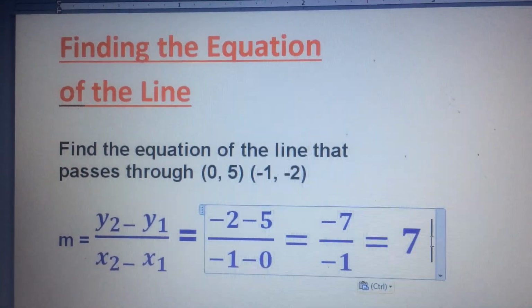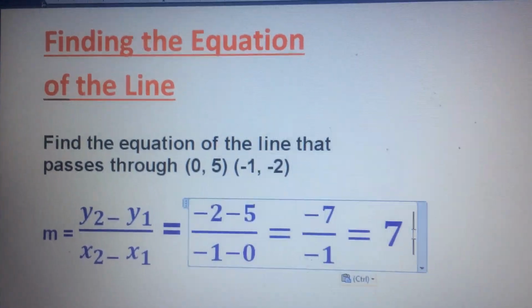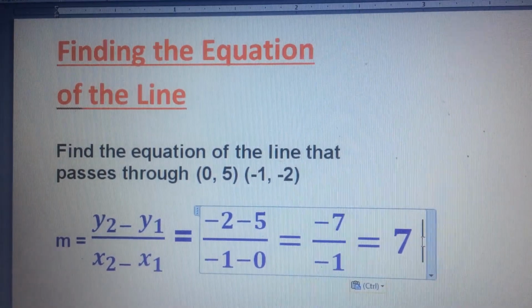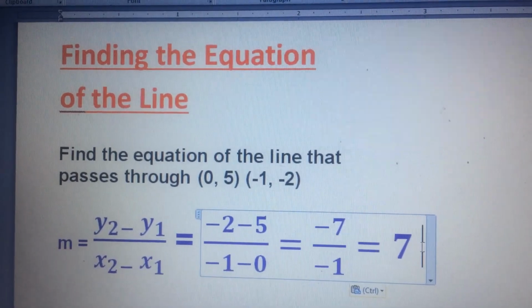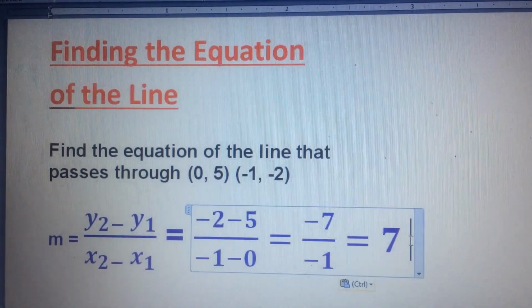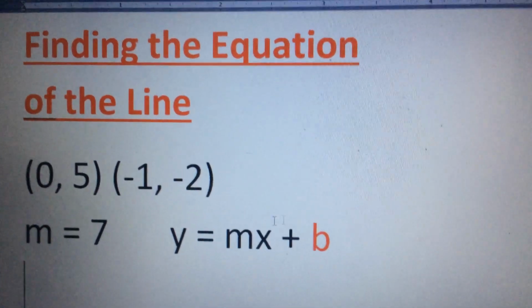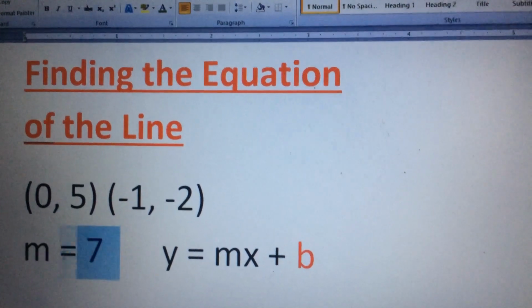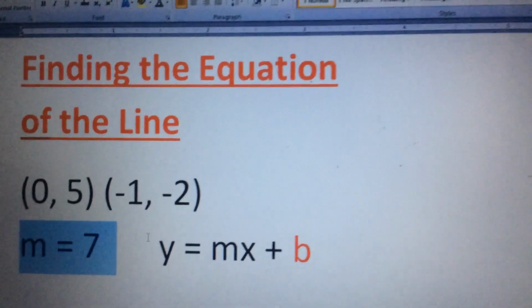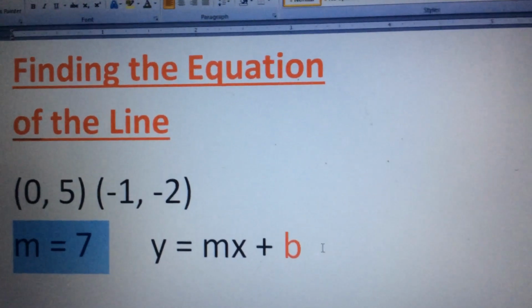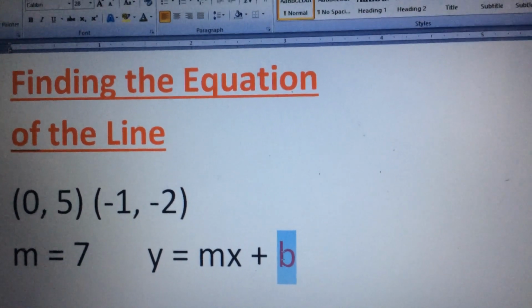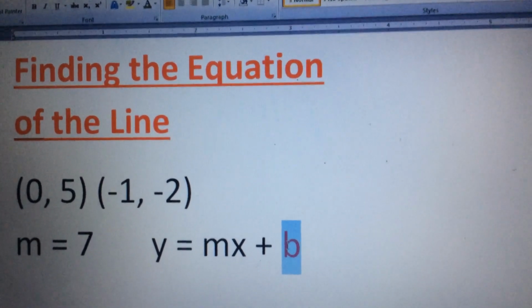So this time we're going to the next step in order to find the equation of the line, that is by solving the y-intercept. Since we already have the value for our slope, which is m equals 7, the next thing that we're going to do is find the value of b, or the y-intercept.